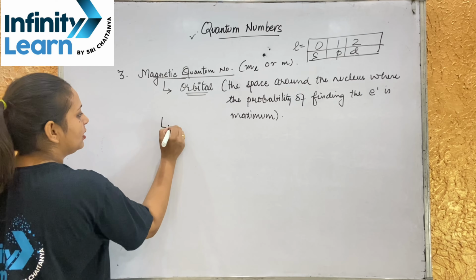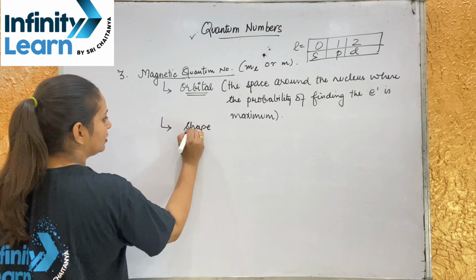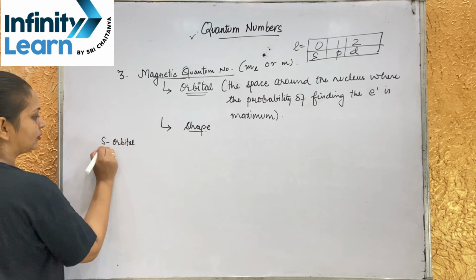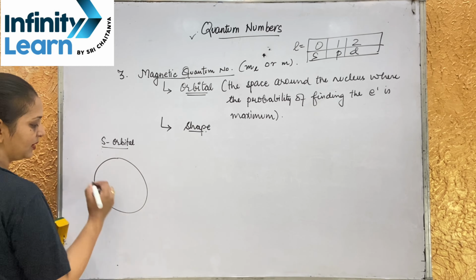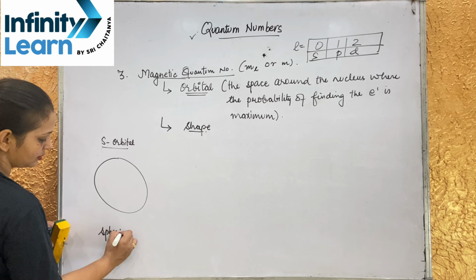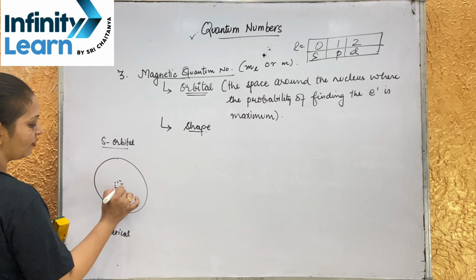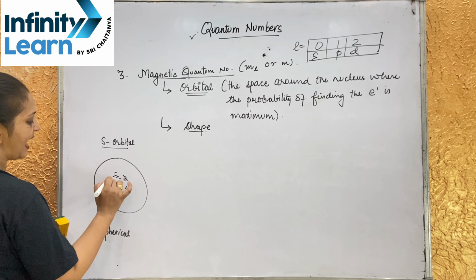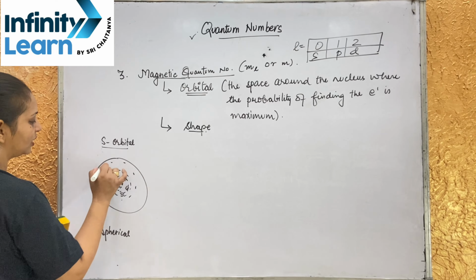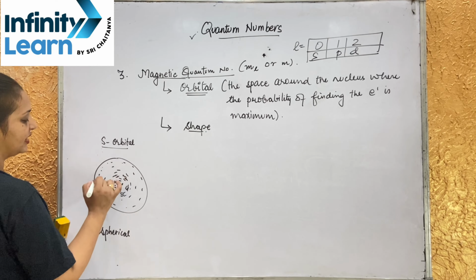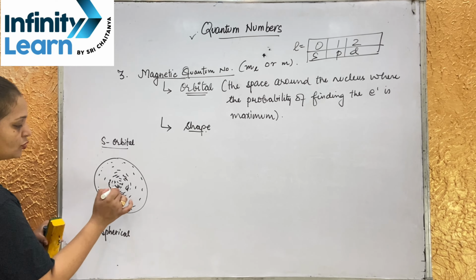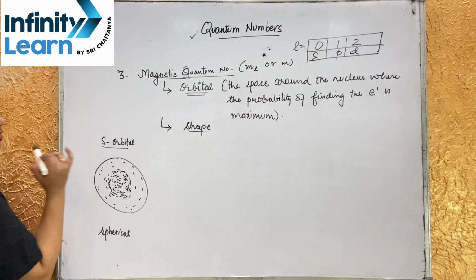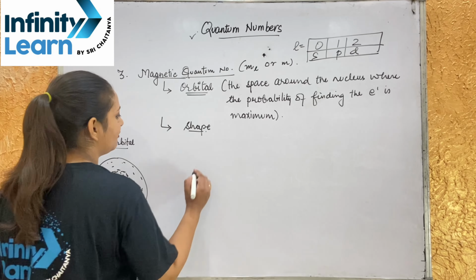For example, s orbitals are symmetrically spherical and the probability of finding the electron is maximum around the nucleus, and as we move away from the nucleus, the probability of finding the electron decreases. So the electron density would be maximum somewhere around the nucleus.